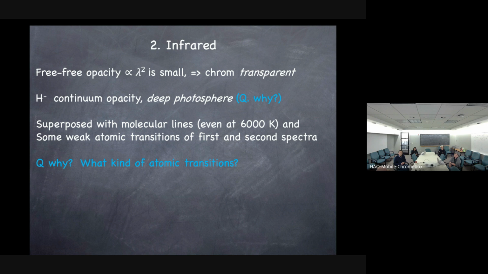No third charges at all. And the separation between single and ionized is what I talked about with the ionization potential, that horizontal line. And so the questions then arise, why is it H minus, and why would it be deep photosphere?